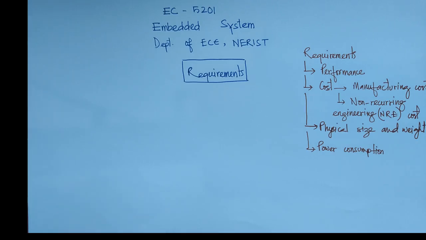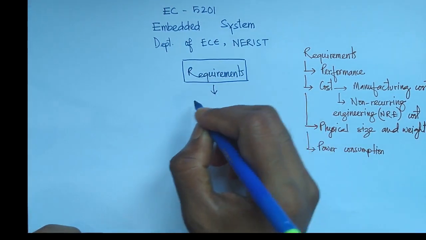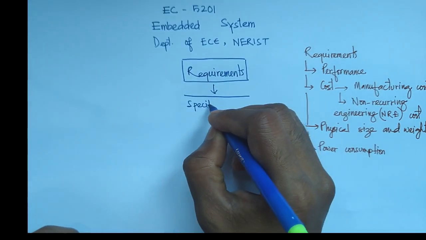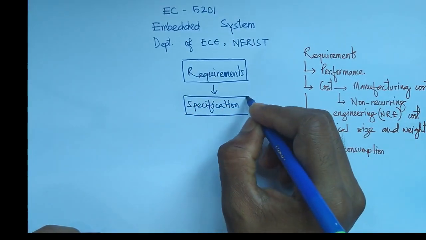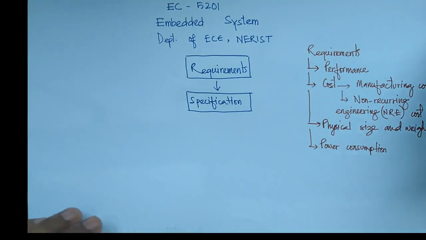Now after having the requirement, the next thing which we need is the specification. Now this specification is going to be the bridge between the customer and the architect.